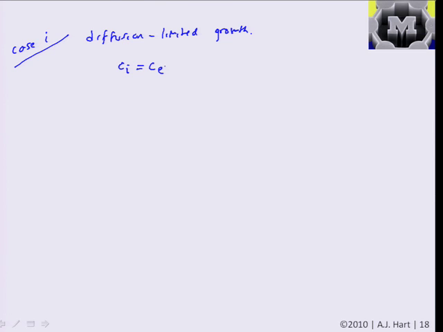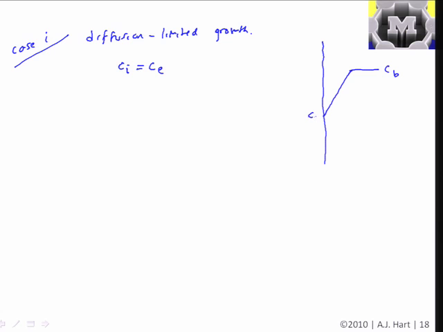So this just means that, in concert with the previous diagram, where we had Cb, that's Ci, and we had a Ce down here, it means that we're going right down to this level, and the interface concentration is equal to the equilibrium concentration.